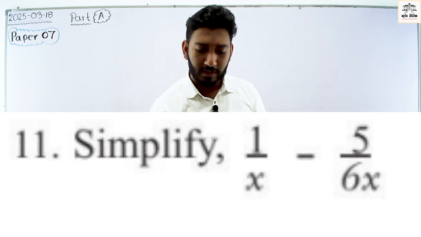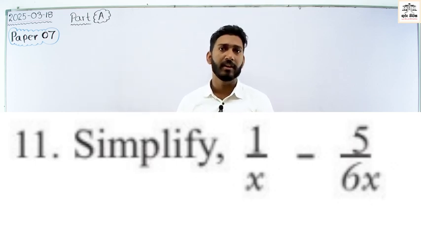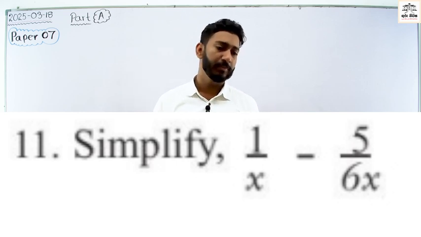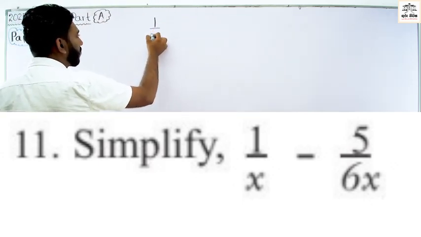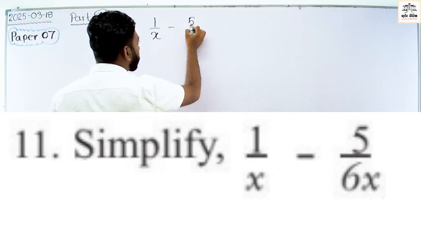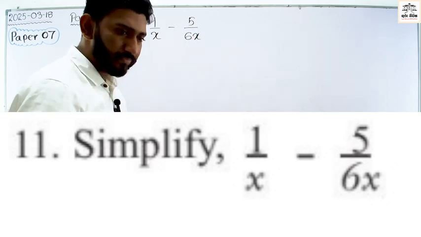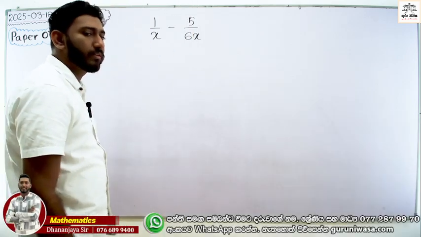And you know about the LCM, lowest common multiple, of algebraic expressions, right? This one has only terms: 1 over x minus 5 over 6x, right? This one's easy.